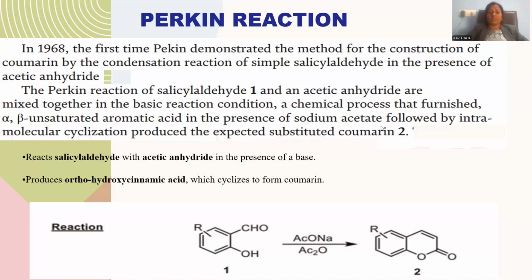Then intramolecular cyclization is carried out, giving rise to coumarin as the final product. Salicylaldehyde, acetic anhydride, sodium acetate under basic conditions give coumarin as the product. This entire process is called the Perkin reaction for coumarin synthesis.